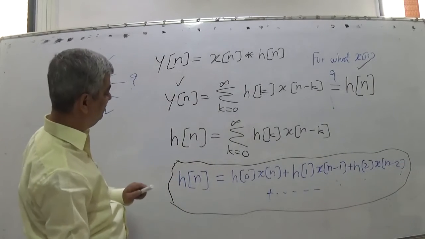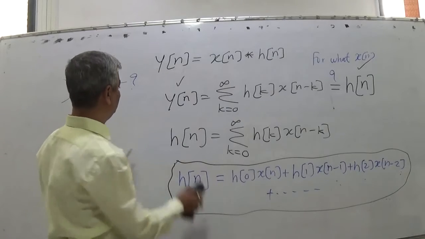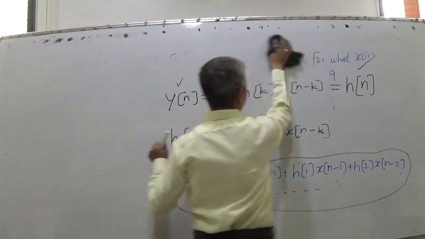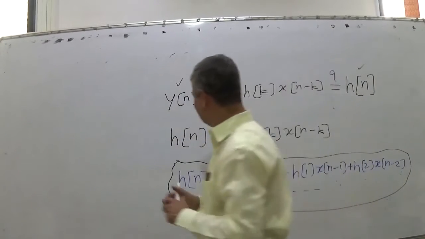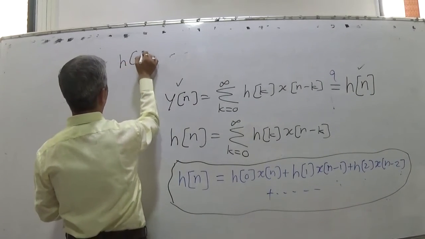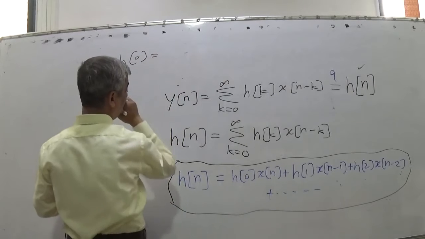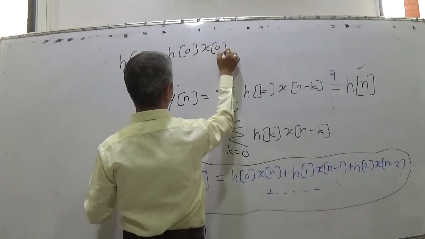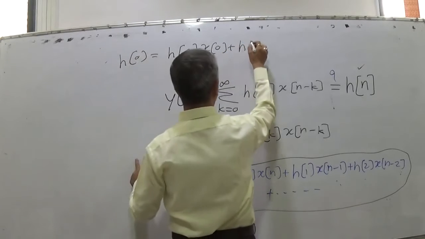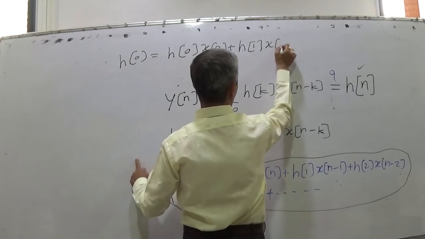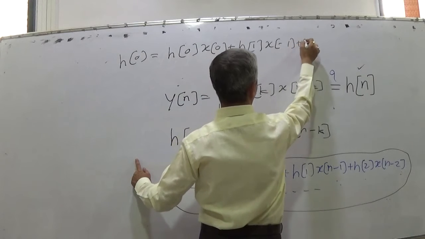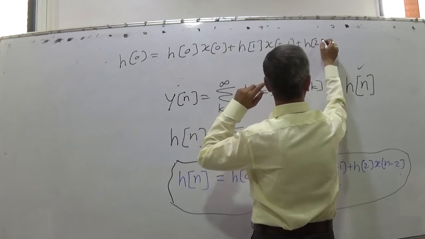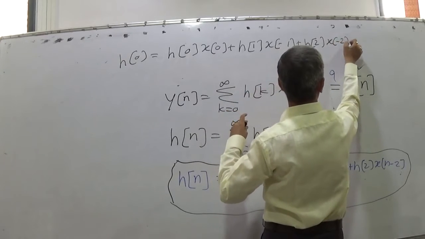If I put n as 0, then H0 must be equal to H0 x0 plus H1 x of minus 1 plus H2 x of minus 2 and so on.